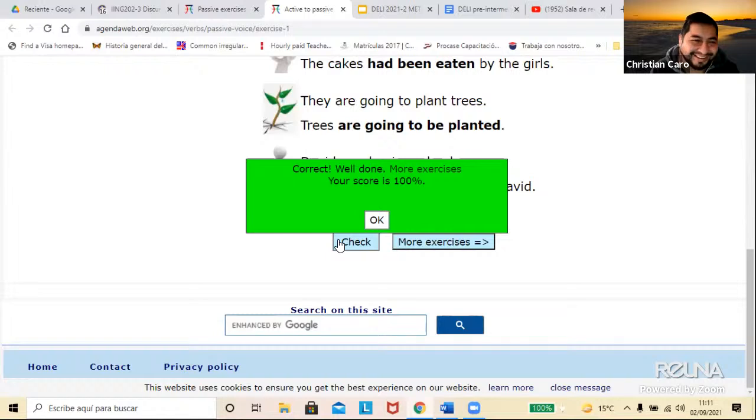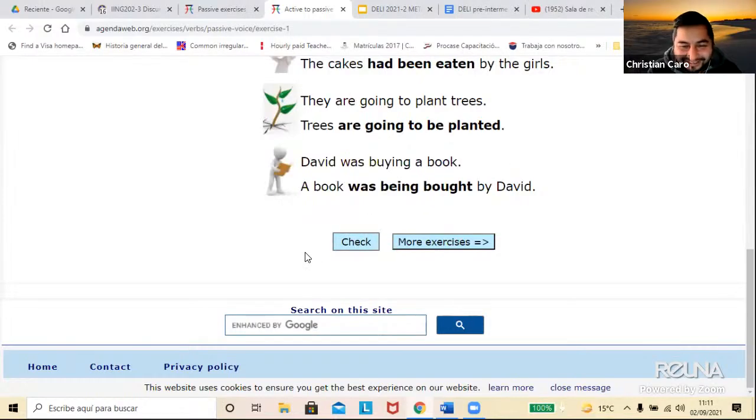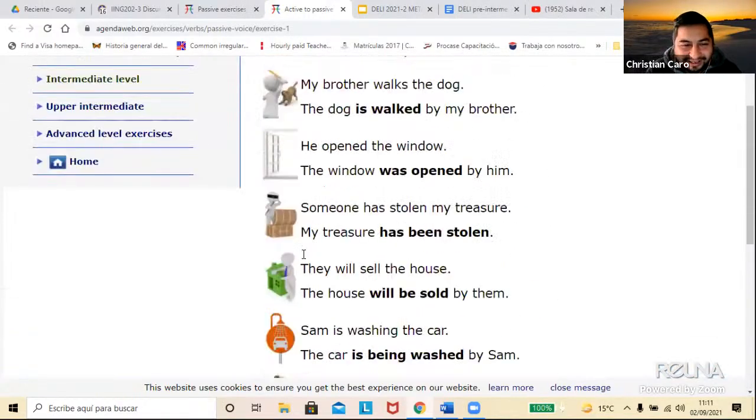Clap, clap. Regáleme el título. Claro, están a 500 lucas. Por correo, por PDF, te lo mando por PDF. Oh, good job, guys. Well done, well done.